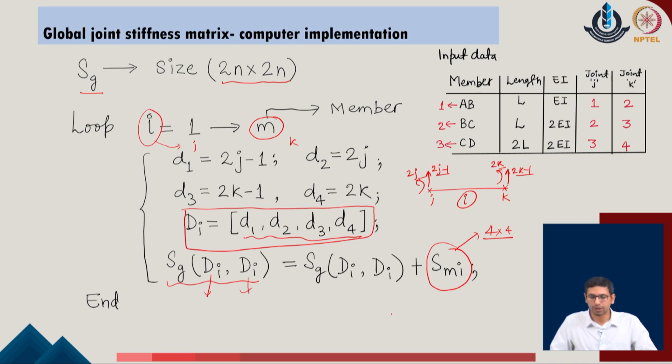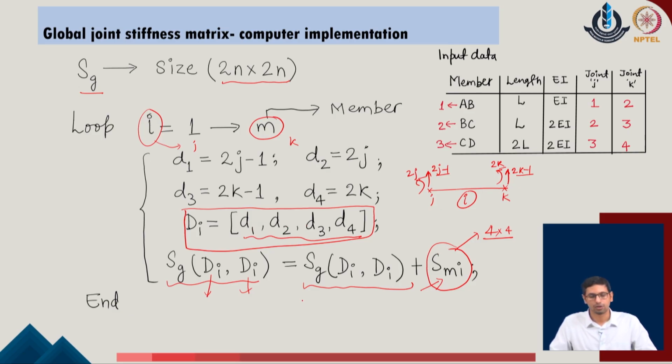At the same time, while doing this step, I should not forget that any contribution which already exists in the global stiffness matrix should also remain there. If you simply replace it, the previously existing value will be overwritten and nullified from the given system. As we do not want that, we will also add the previously existing value, let it be there, and at the same time add the contribution of the member i.